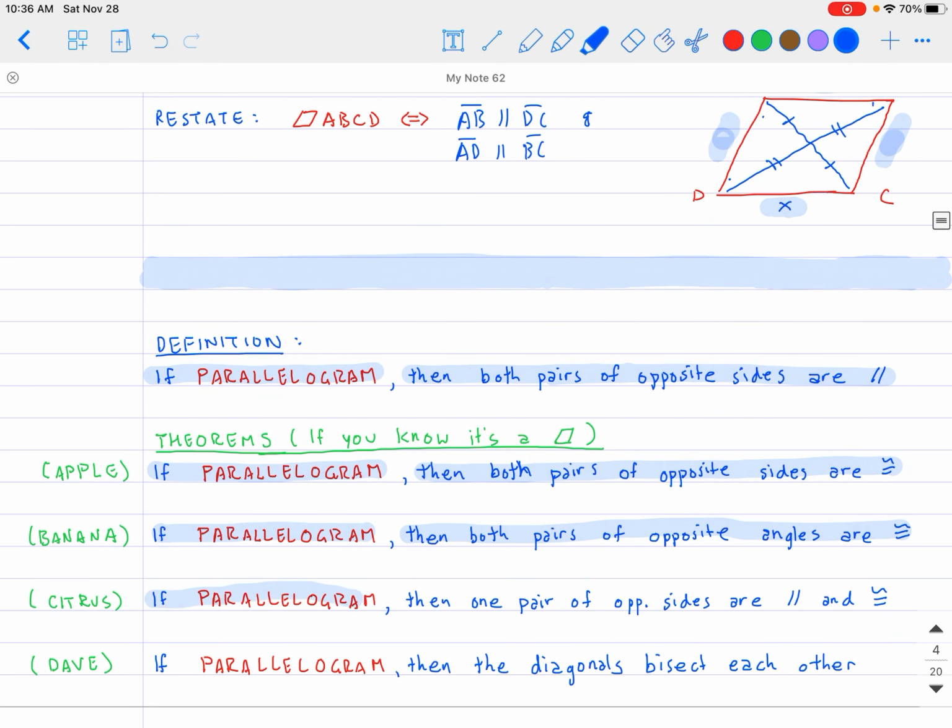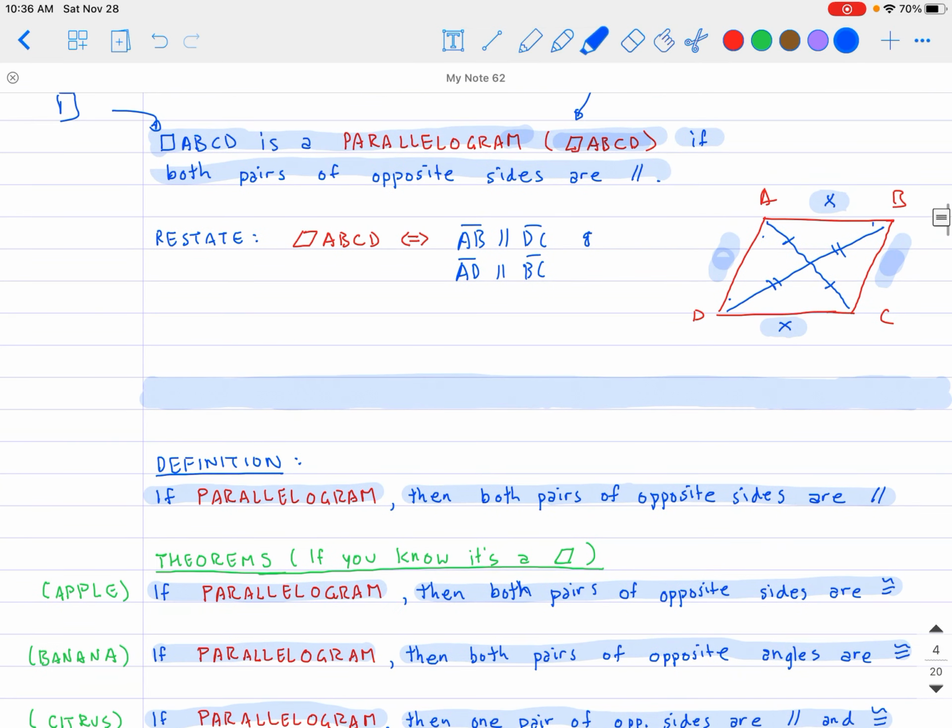If you have a parallelogram, then one pair of the opposite sides are parallel and congruent. So that is to say, going back to my picture over here, AD is going to be congruent to BC over here. And then in addition to that, they are going to be parallel to each other.